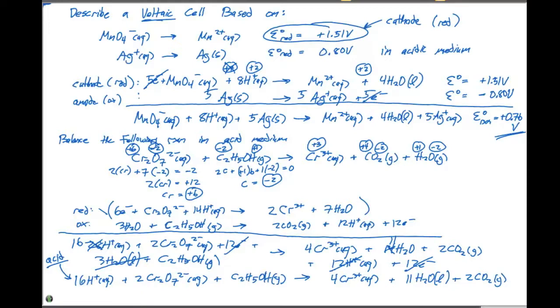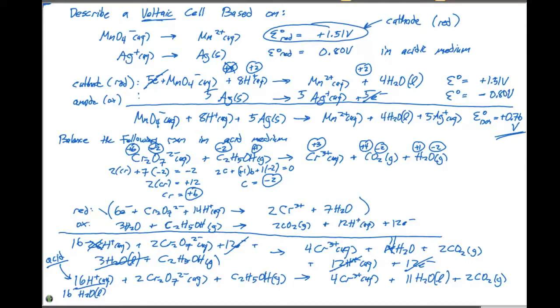So what we have to do to get to the basic solution balancing is anytime you see an H+, we need to neutralize that with an OH-. So for example, we have this H+ right here. We need to neutralize that with 16 OH-. So in doing so, if we neutralize this, we're going to get 16 waters.